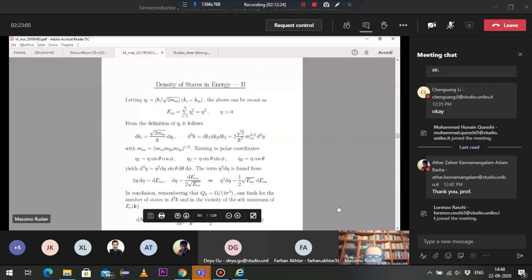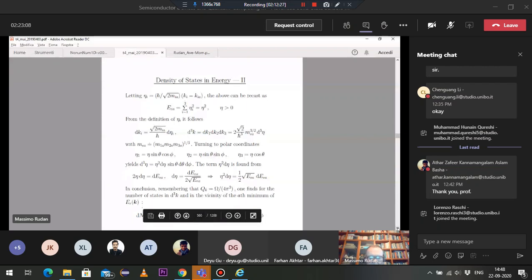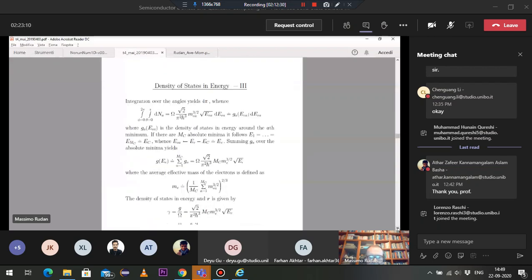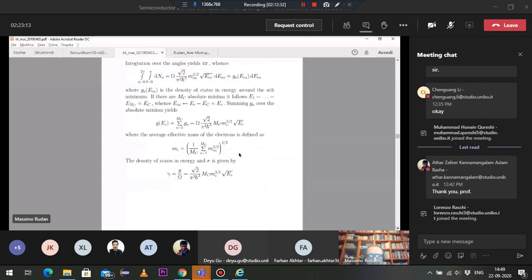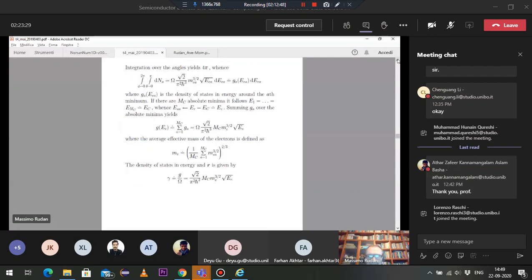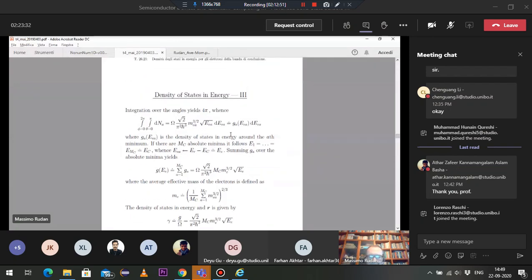If you look at the final result, you remember the density of states is proportional to the square root of E sub EA. Let's look at the first formula in the slide. So the density of states is this function. It is proportional to the square root of E sub EA.